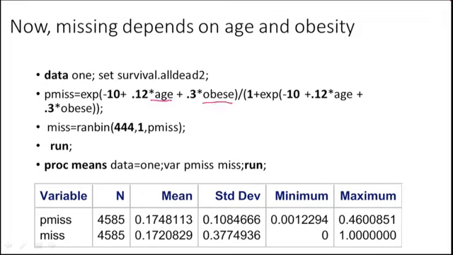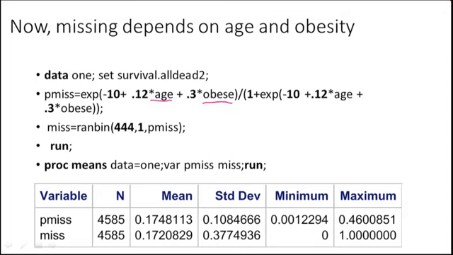Notice, by the way, that this equation is the same one you see for the probability in a logistic regression, which when applied to a cohort, we can actually estimate the probability and not just the odds ratio, and it's e to the b0 plus b1x over 1 plus e to the b0 plus b1x, and that's what I've got here. So this is estimating the probability of being missing as a function of age and obesity.